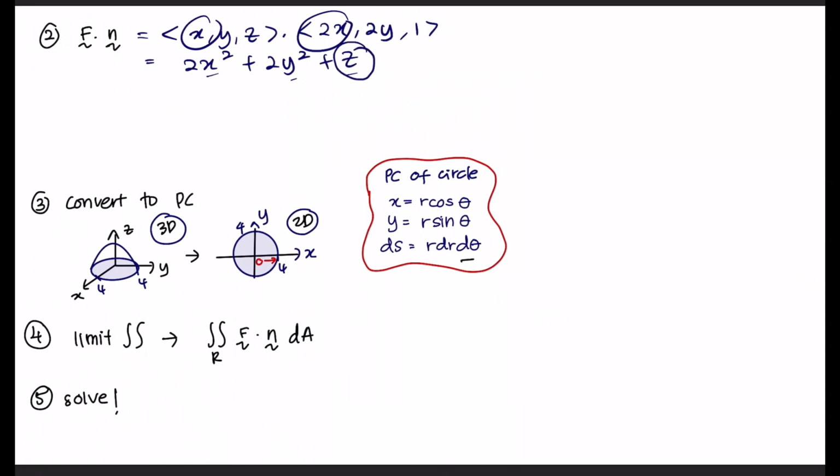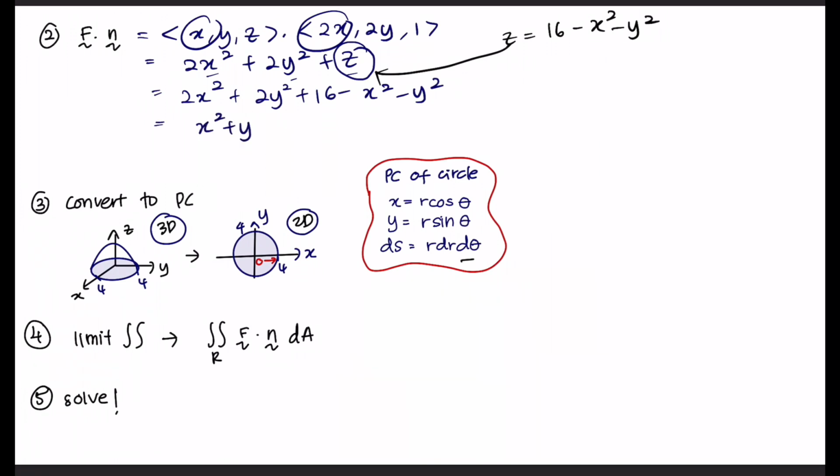So z here you must change to x and y. We know from the surface that z equals 16 minus x squared minus y squared. We substitute z here, then we have 2x squared plus 2y squared plus 16 minus x squared minus y squared. Then you simplify, we get x squared plus y squared plus 16. This is the dot product of n and vector F.